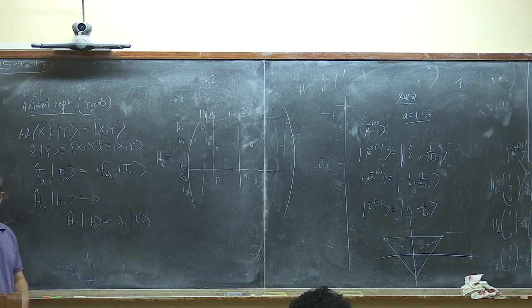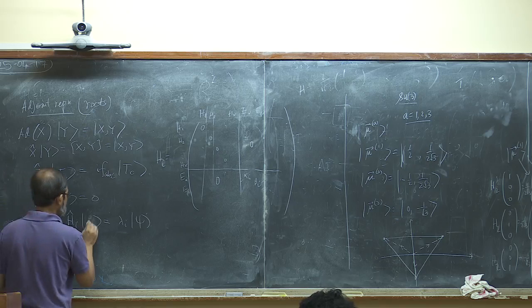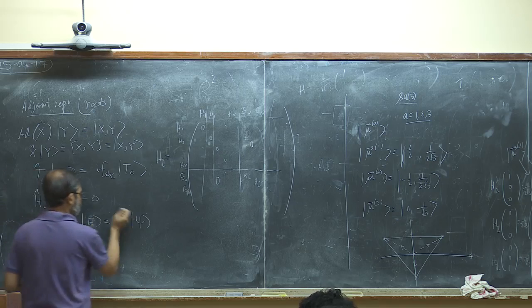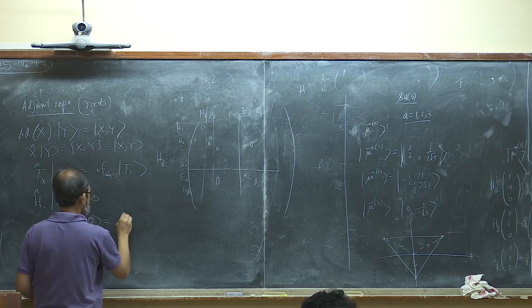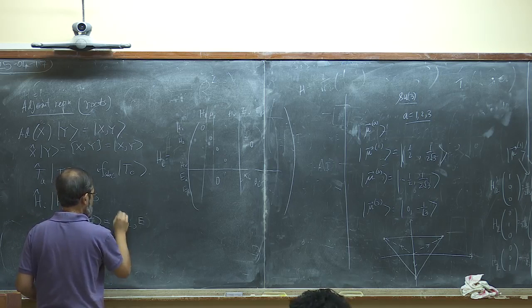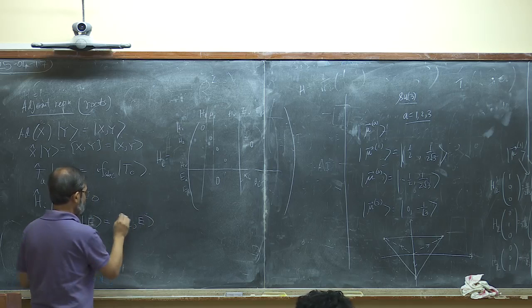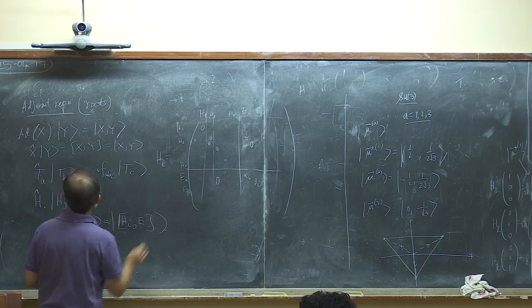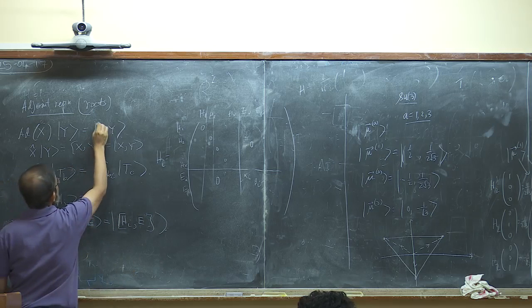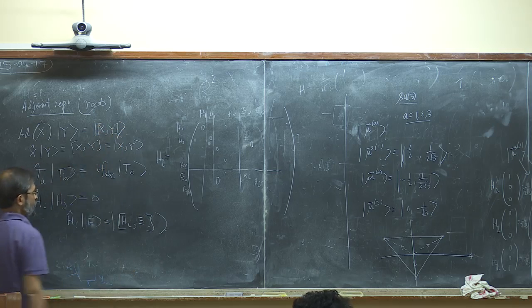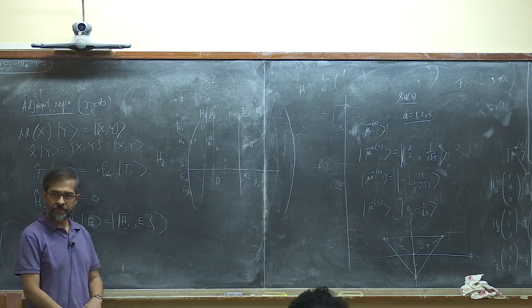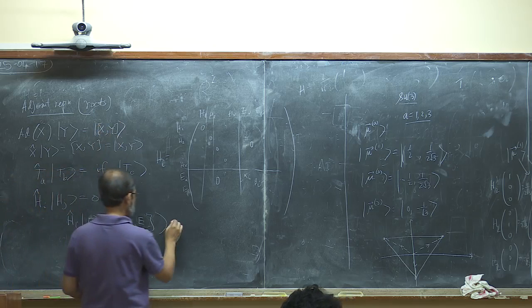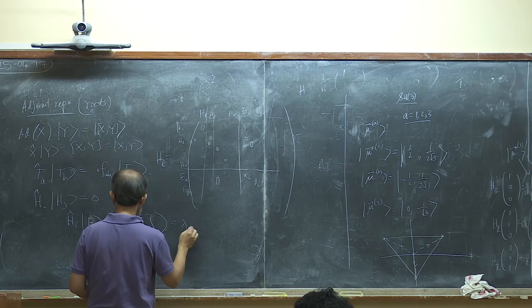But these are Lie algebra elements themselves. So let me call it E. So this takes you to this commutator. Sorry, I forgot to write the commutator. This takes you to this commutator thing, and I claim that this is some eigenvalue.